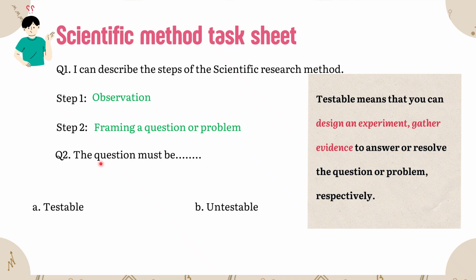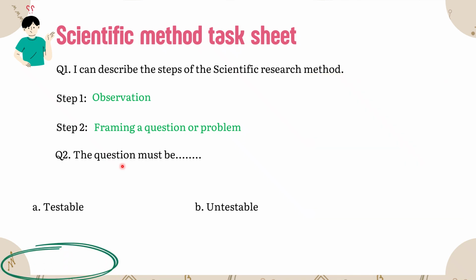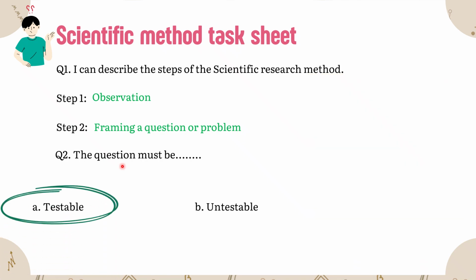So whenever we are framing a question, it has to be in a way that we will be able to design an experiment and also get data or information from different resources so that we can move ahead in carrying out an experimentation in order to prove that particular question. So this means the question must always be testable.